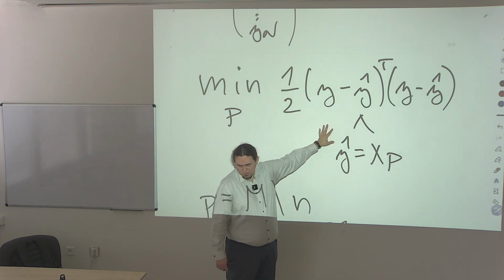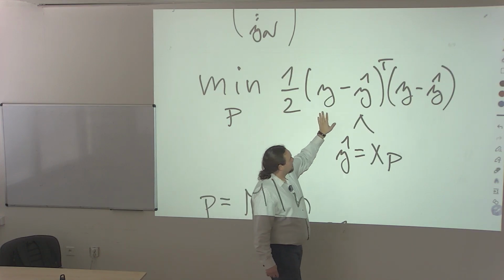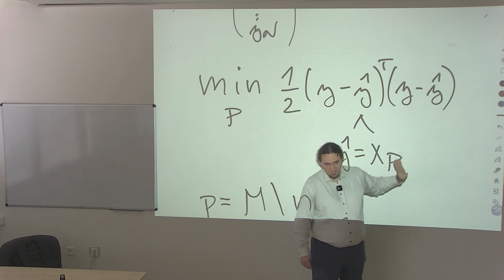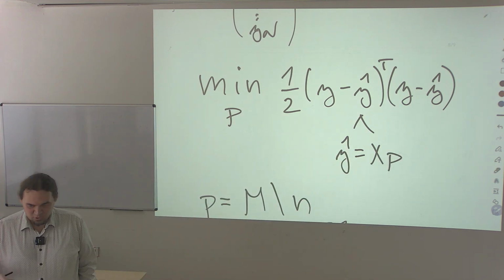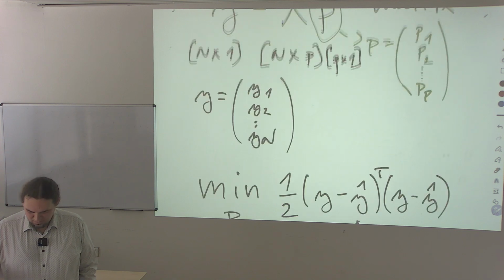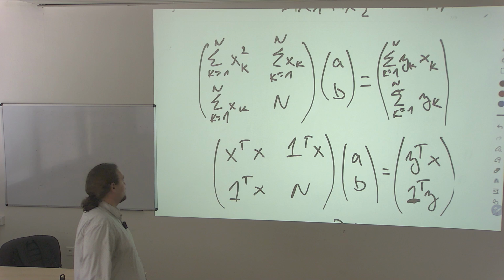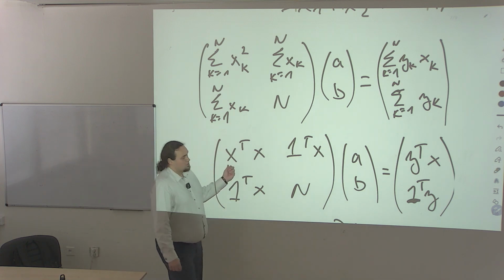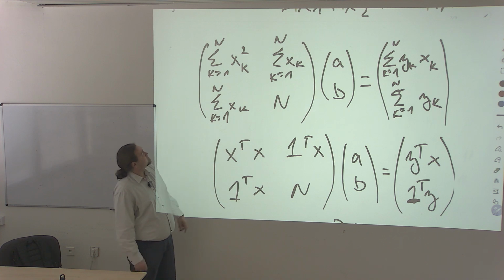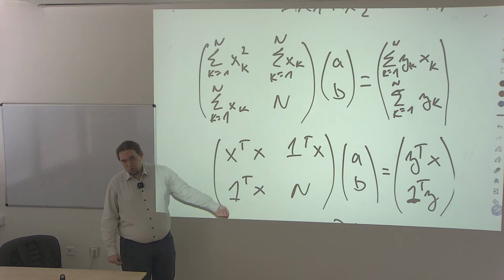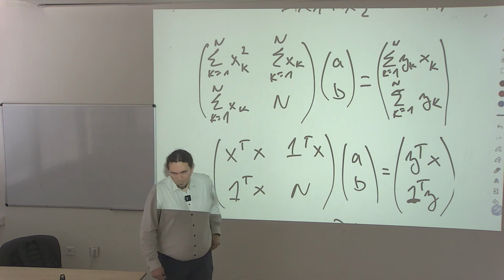And lastly, we also have seen that writing a vector transpose times the same vector would mean the sum of squares of the components of that vector. For example here, x transpose x would correspond to the sum of the squares of the components of the vector x.